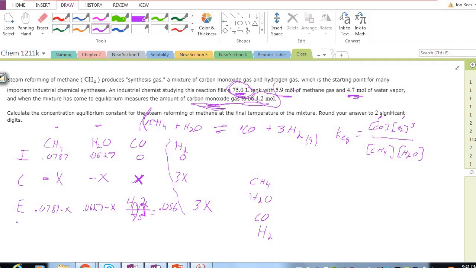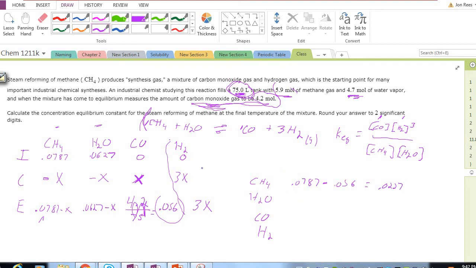For CH4, it's going to be 0.0787 minus X, and X is 0.056, which gives me 0.0227.